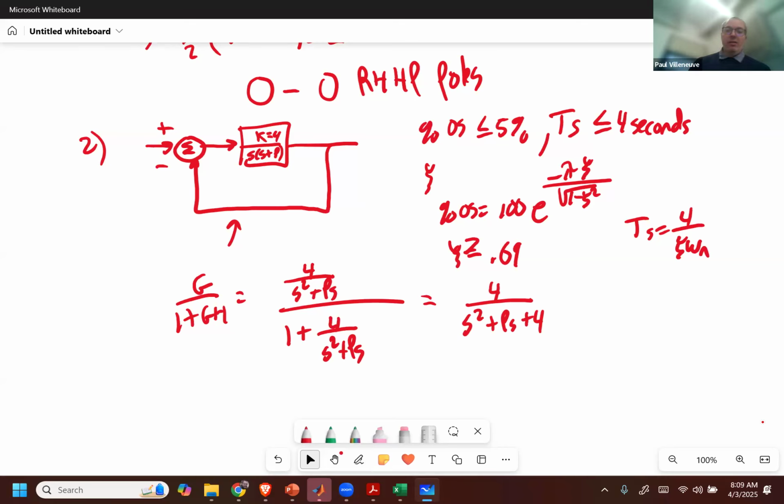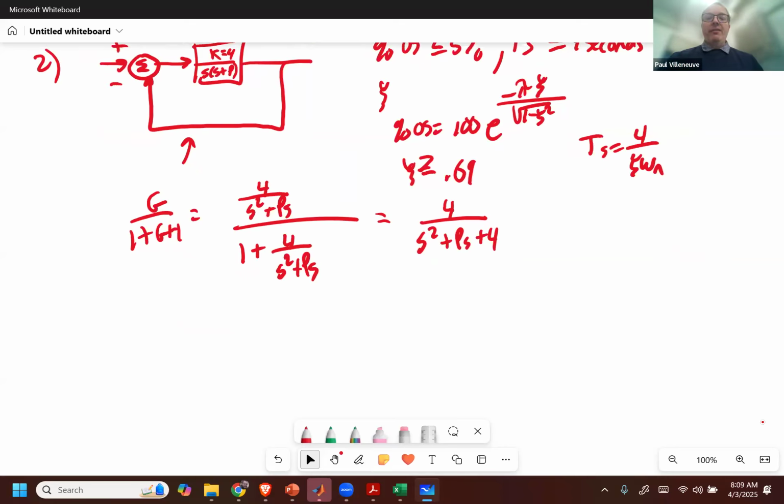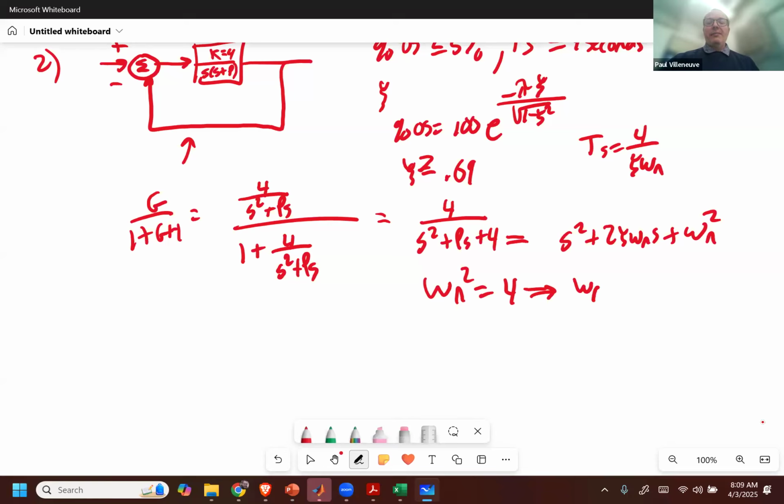The characteristic equation has to have the form of the standard second order equation. So we know omega sub n squared is equal to 4, which means omega sub n is equal to 2.